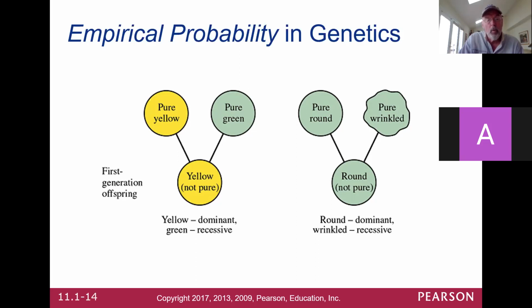If you were to start a second generation of offspring, you might get a mix of yellow and green, or a mix of round and wrinkled in the second generation.